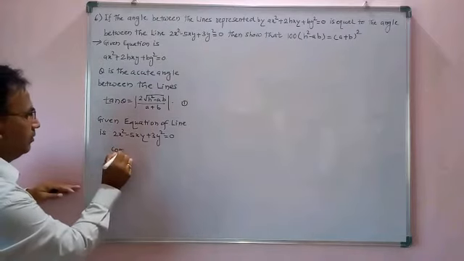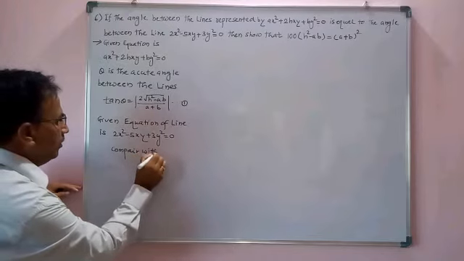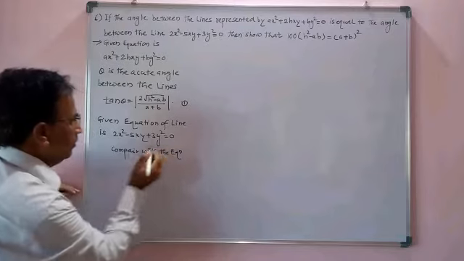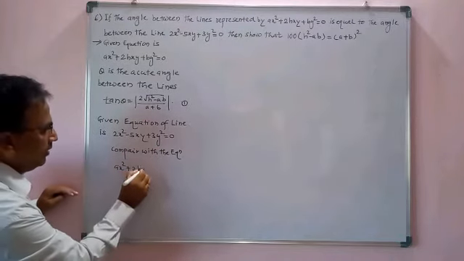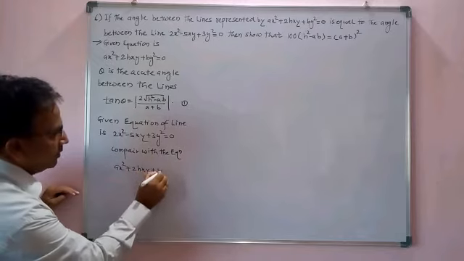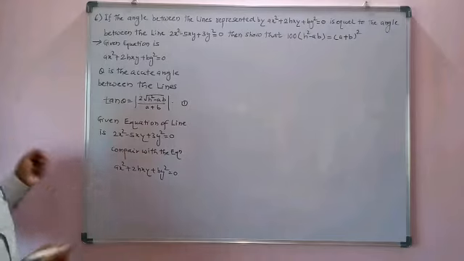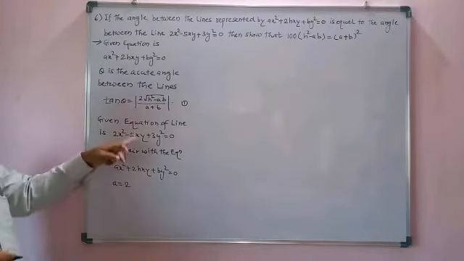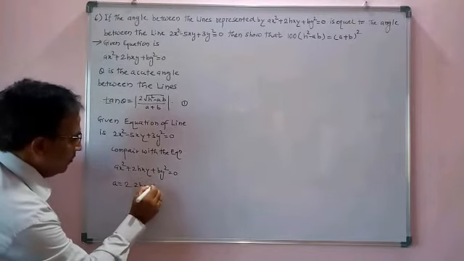Compare with the homogeneous second degree equation ax² + 2hxy + by² = 0. The coefficient of x² gives a = 2.